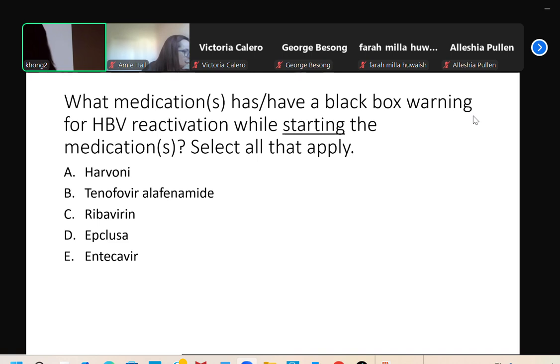So who is at risk for Hep B reactivation? That involves a black box warning. Hep B and Hep C, and start Hep C medication. Perfect, yes.